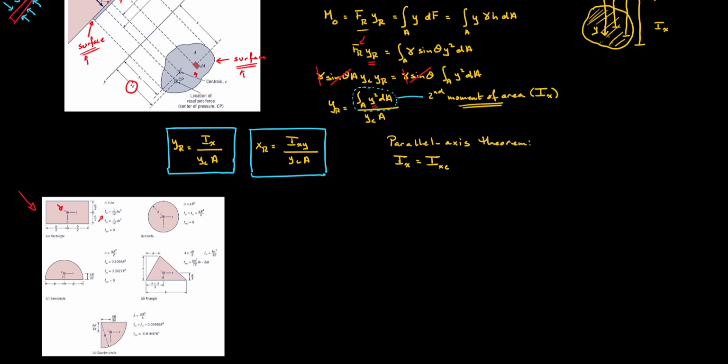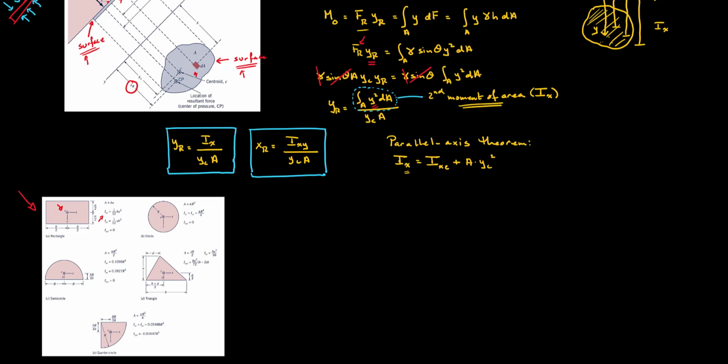So this is the second moment of area about the centroid, plus the distance between the two axes. So between the axis passing through the centroid and the axis where we want the second moment of area. And so that distance will just be YC. And so the parallel axis theorem states that IX is equal to IXC plus the total area multiplied by the distance between these two axes.